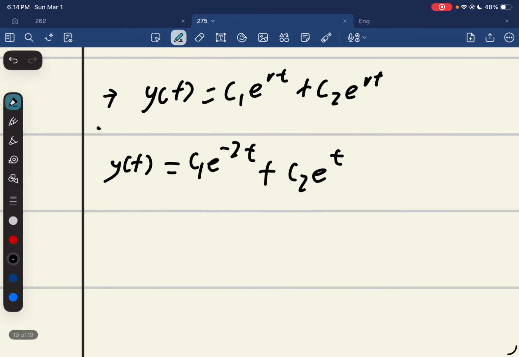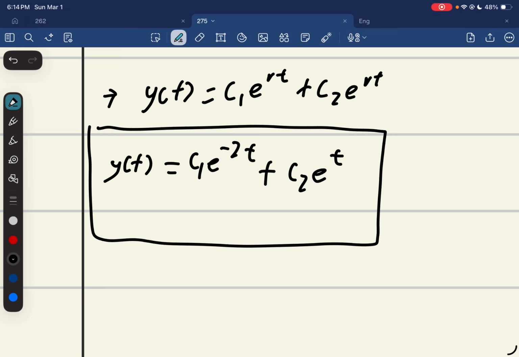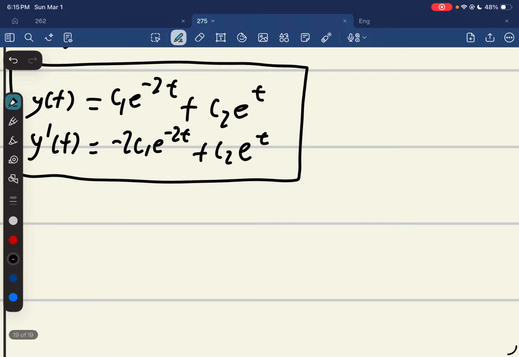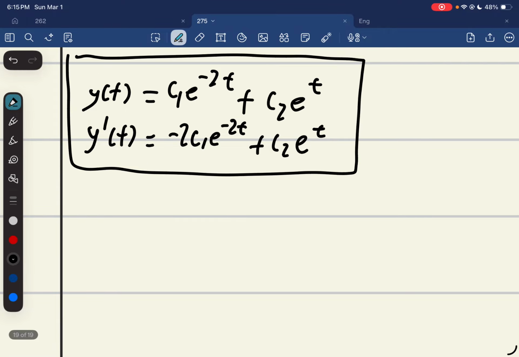And we also want y prime, so we just differentiate it. Negative 2 comes down, that's negative 2 c1 e to the negative 2t plus c2 e to the t. And that is y and y prime.